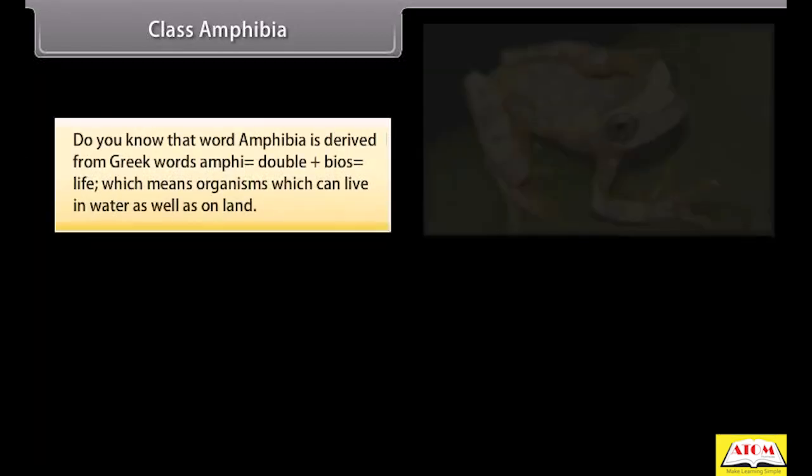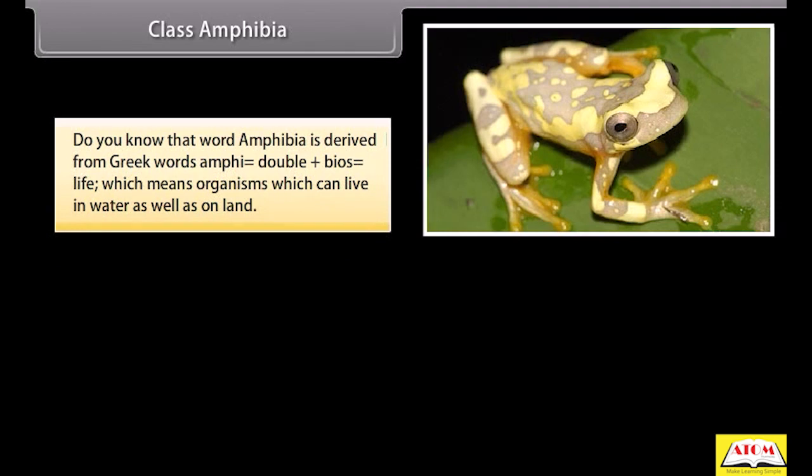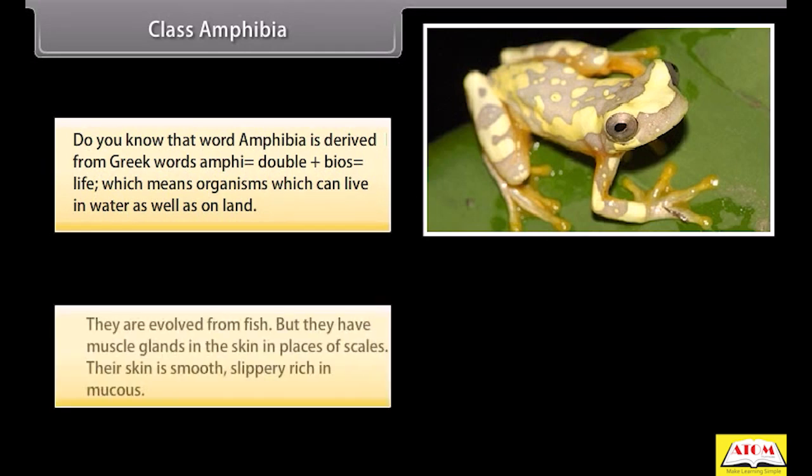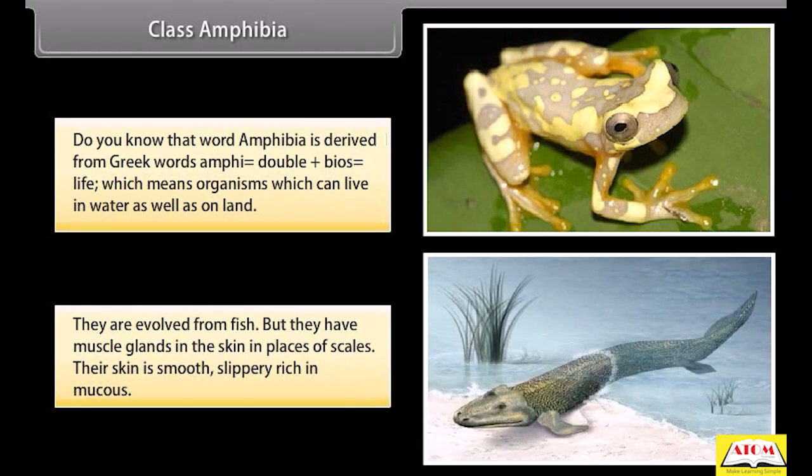Class Amphibia. Do you know that word amphibia is derived from Greek words amphi, which is double, plus bios, which is life, which means organisms which can live in water as well as on land. They evolved from fish, but they have mucus glands in the skin in place of scales.